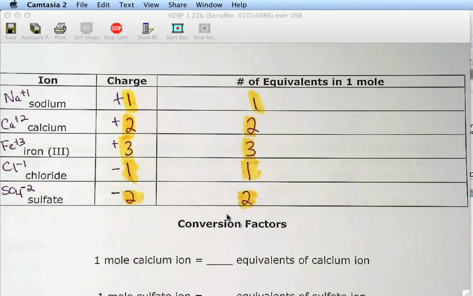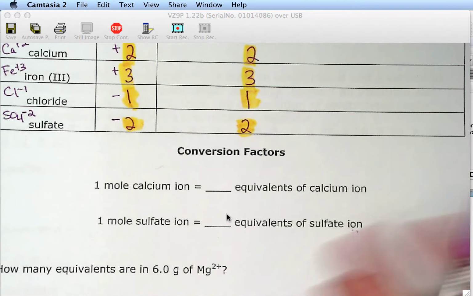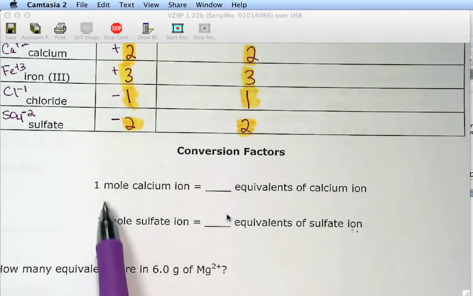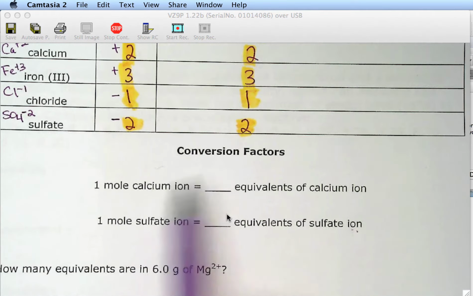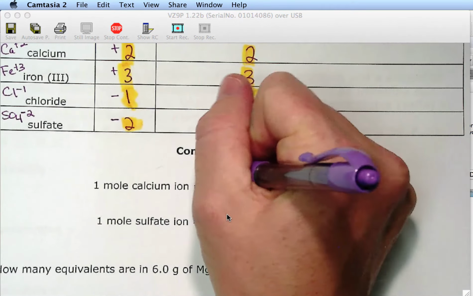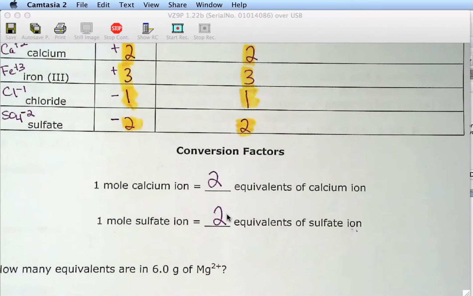So we're going to do some conversions on different solution information. And these conversion factors are useful, but easily mixed up. If you have 1 mole of calcium ion, how many equivalents of calcium ion do you have? 2. 1 mole of sulfate ion, you have 2 equivalents of sulfate ion.